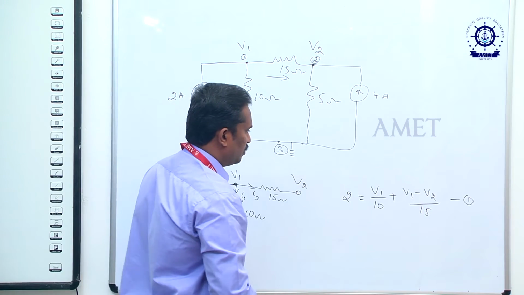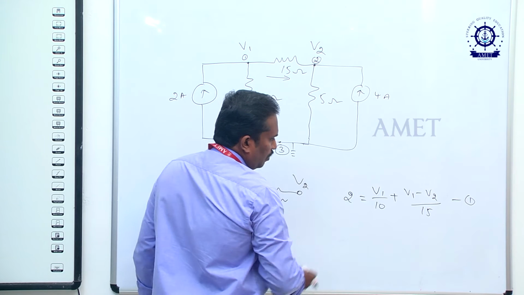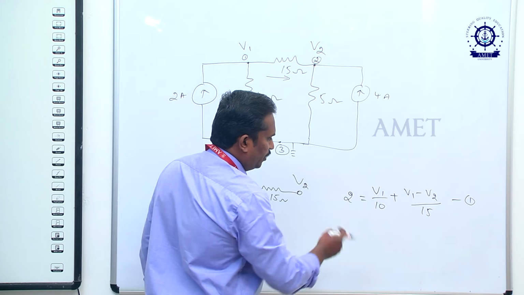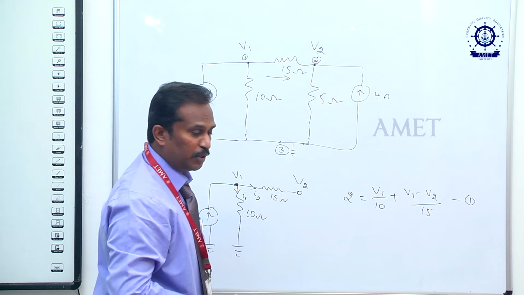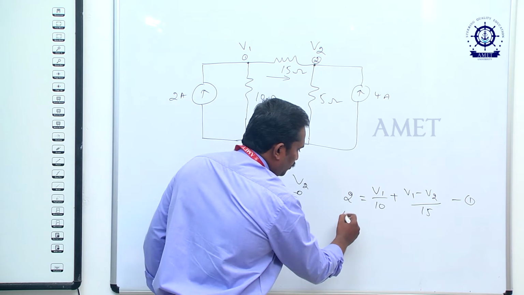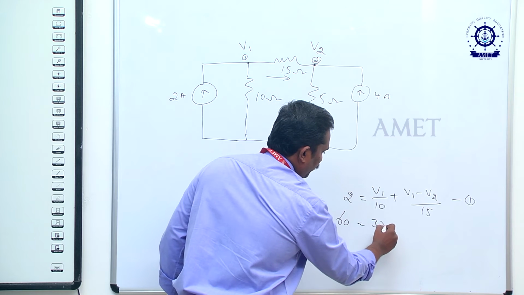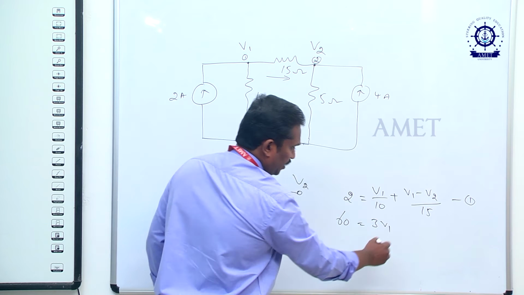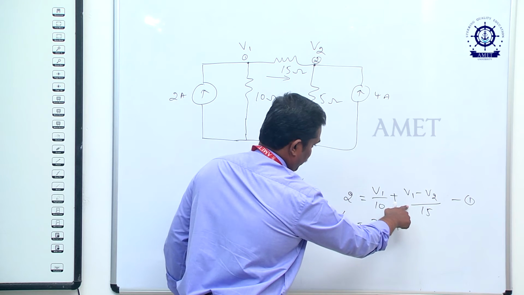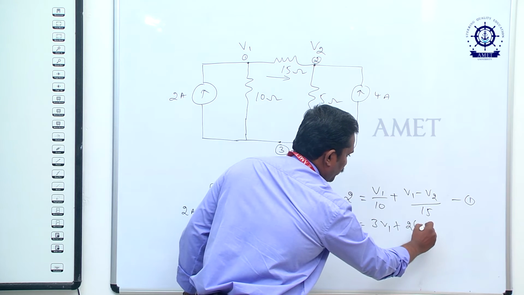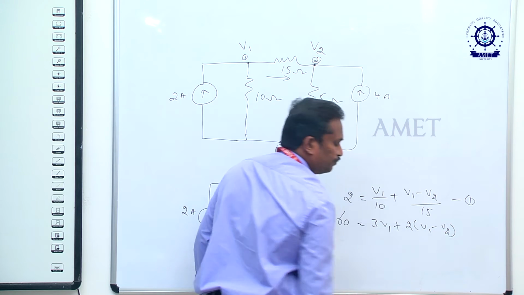Simplify this equation. Multiply by 30 on both sides. So you get 30 into 2, which is 60. Multiplying 30 here, you get 3 V1, and multiplying 30 here, 30 divided by 15, you get 2 into (V1 minus V2).